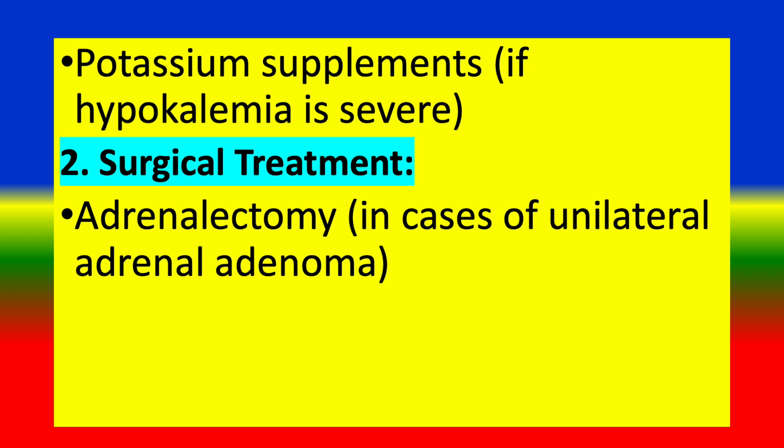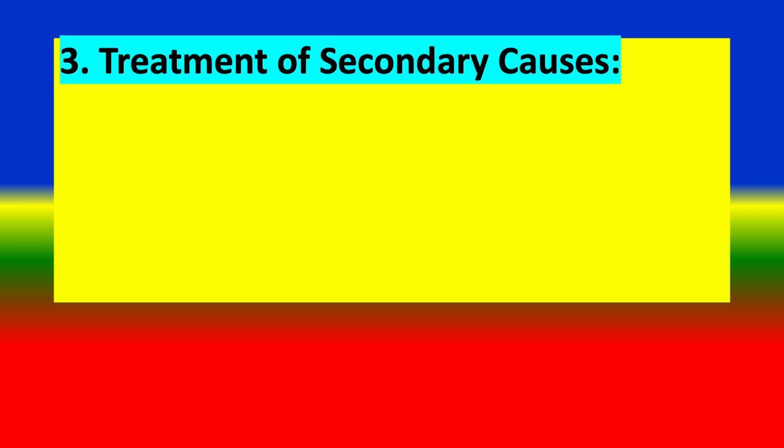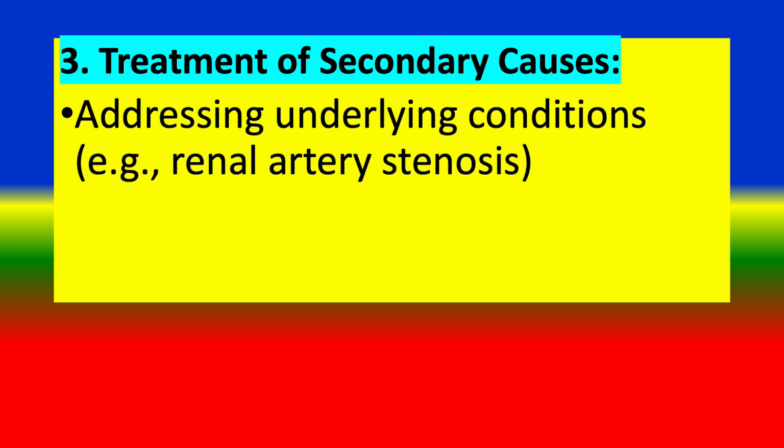Surgical treatment: adrenalectomy in case of unilateral adrenal adenoma. 3. Treatment of secondary causes: addressing underlying conditions, for example renal artery stenosis.